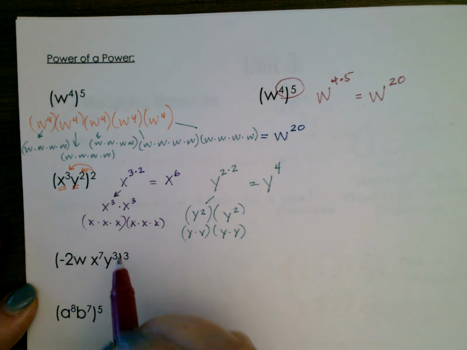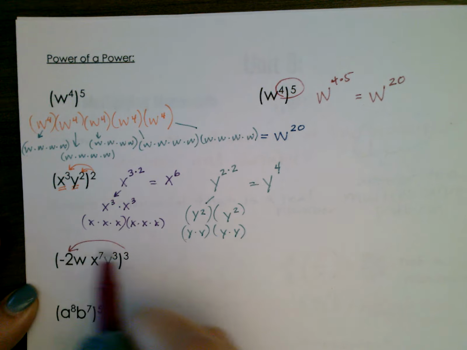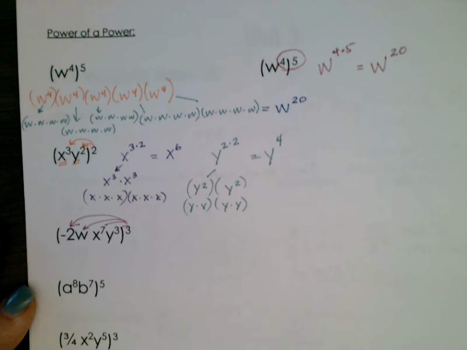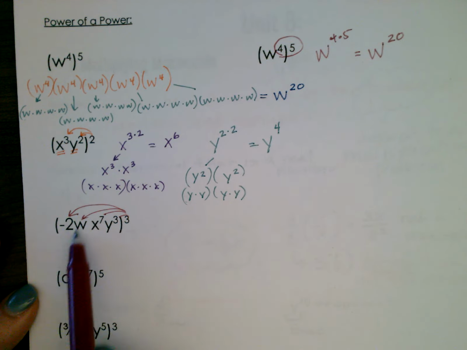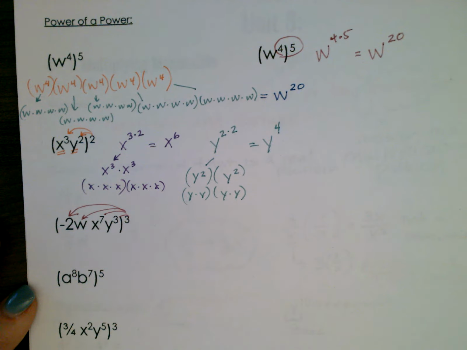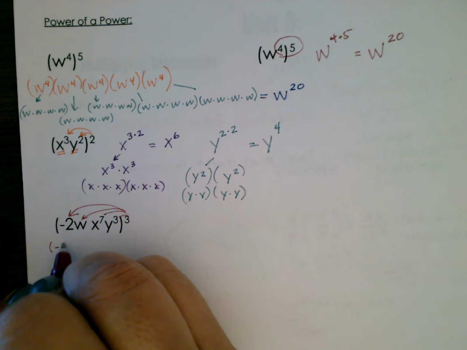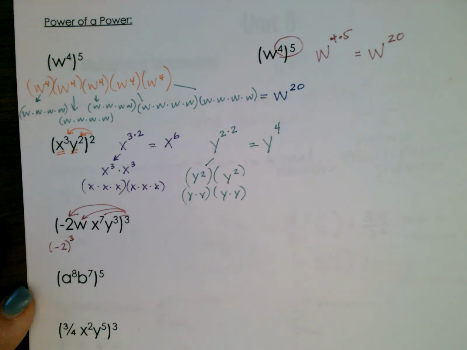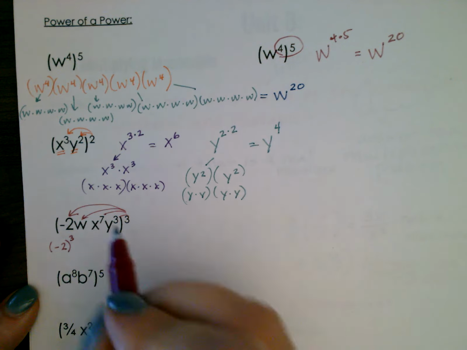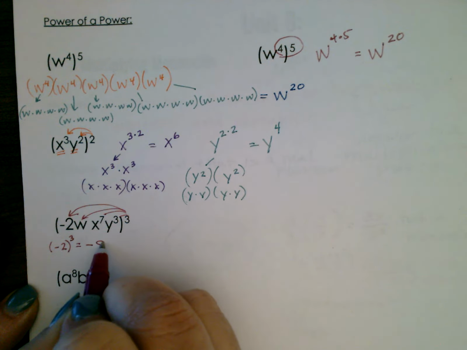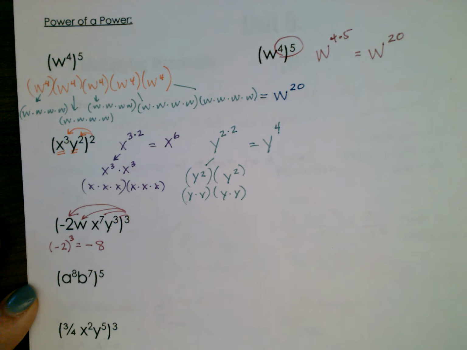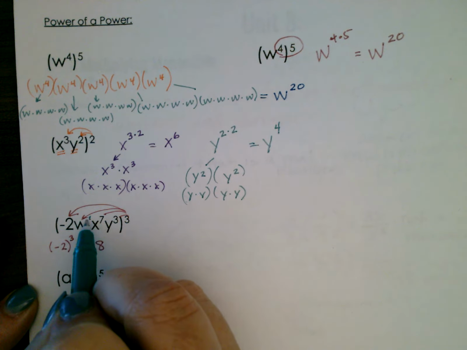On the next one, I need to distribute the 3 to everything inside the parentheses. Remember, we talked about calculators lying to you? So I'm really going to think -2 cubed. If you want to use your calculator, include the parenthesis sign. That equals -8.